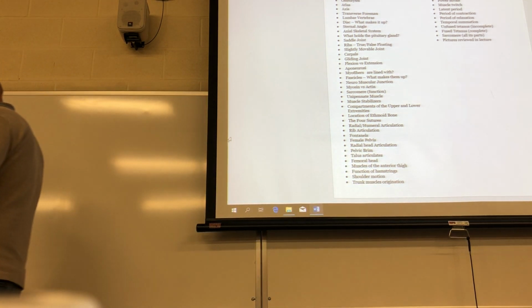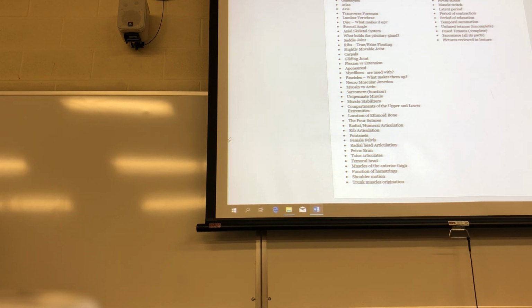We're going to do gliding joint problems. Slightly movable. What's the proper name of a slightly movable joint? Diarthrodial, synarthrodial, amphiarthrodial. It's the last one.